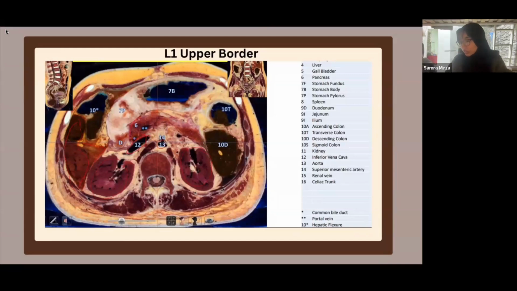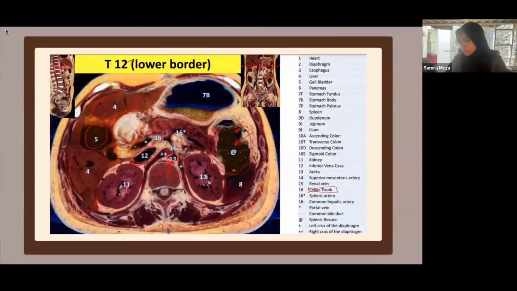This pink structure that's crossing the midline is going to be our pancreas. These structures are all the large intestines. If you see anything with this kind of brown substance, which looks like stool, then you're going to think that it's the large intestine. So that's basically it for this level.